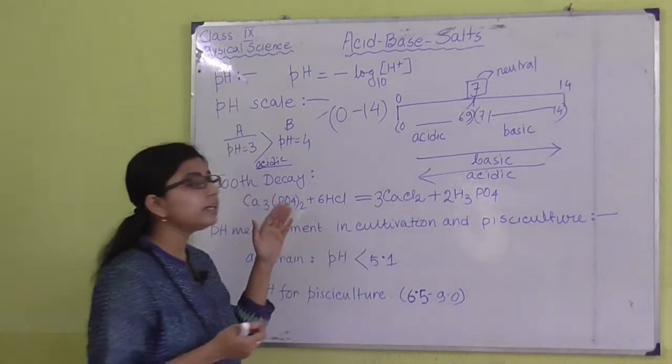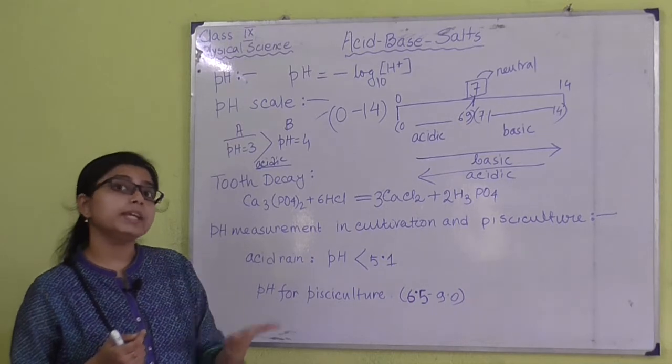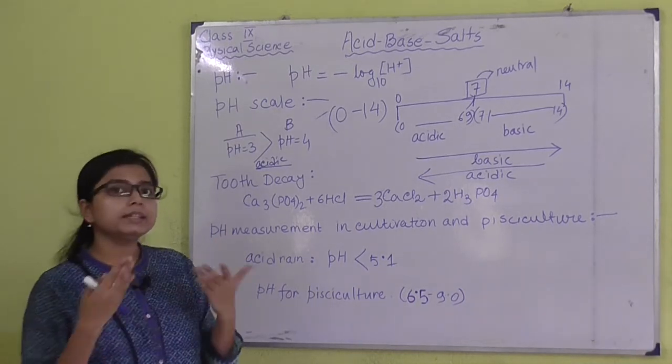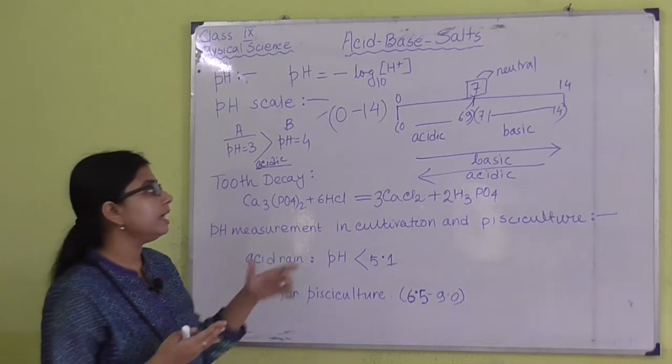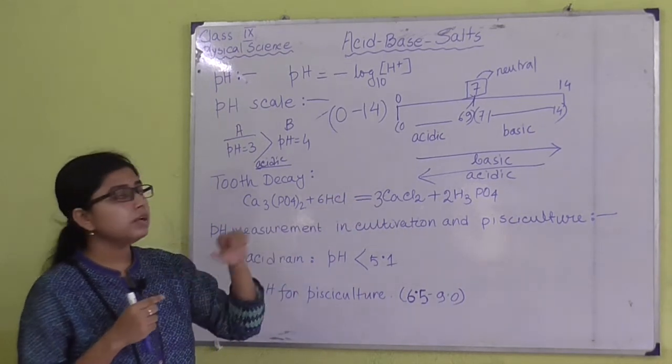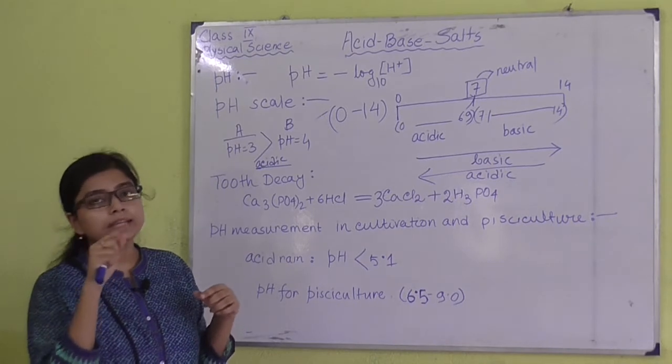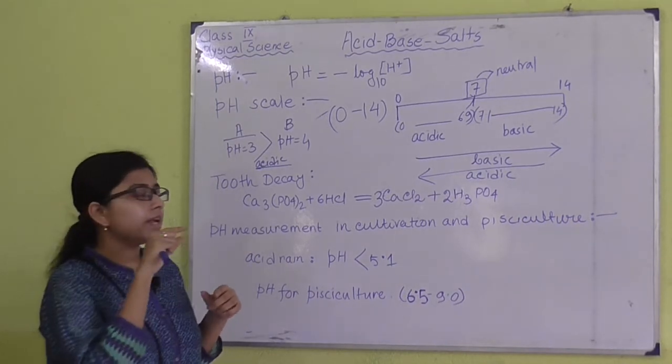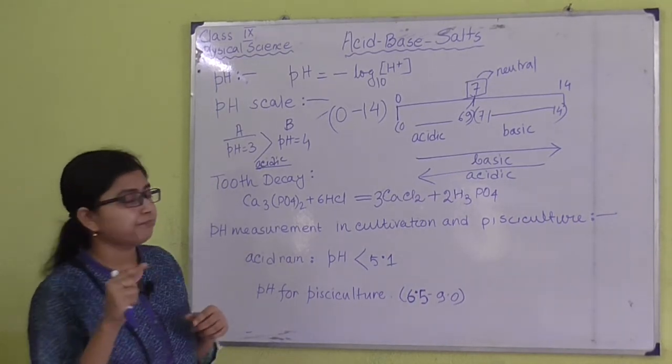That means our tooth enamel will start to decay, and if it decays completely, then the soluble CaCl2 will form, which will form a hole in our tooth, known as a tooth cavity.